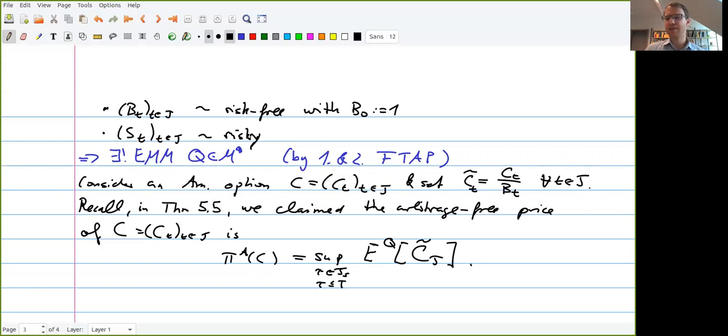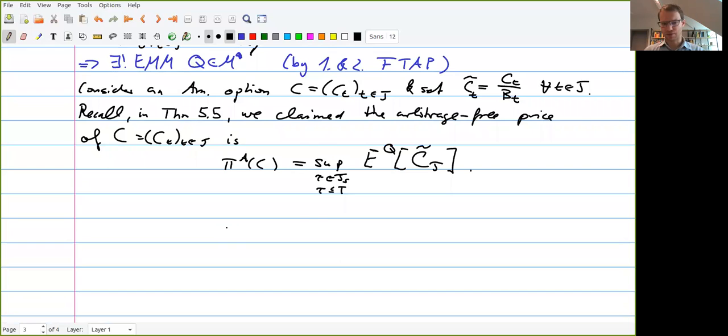Right? And actually, there was a second claim in this theorem: that this is the unique arbitrage-free price. But these are two steps, right? So first, we need to show that it's indeed an arbitrage-free price for the American option C, and then we want to show that it's unique.